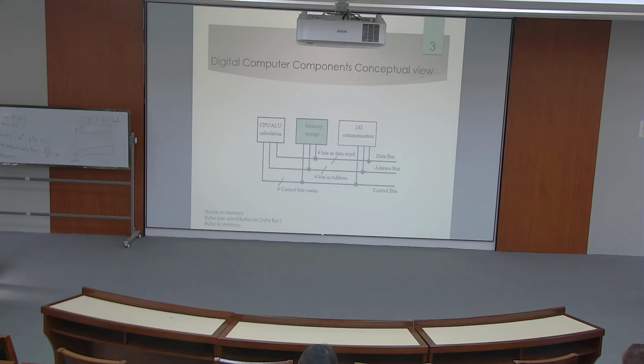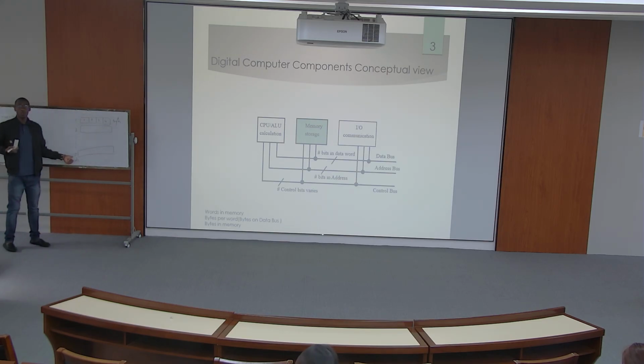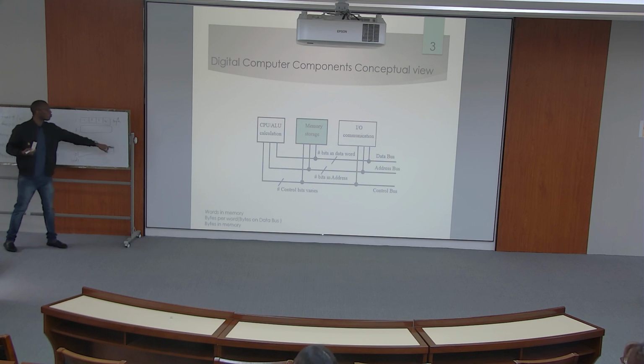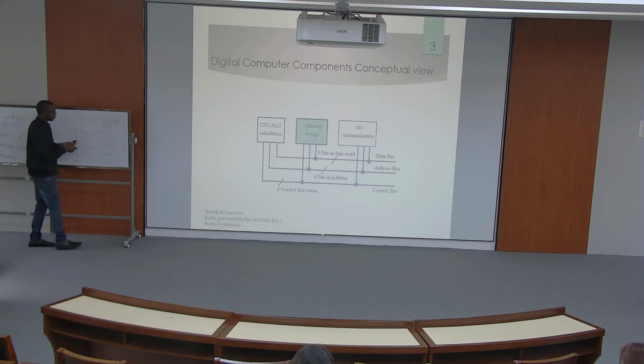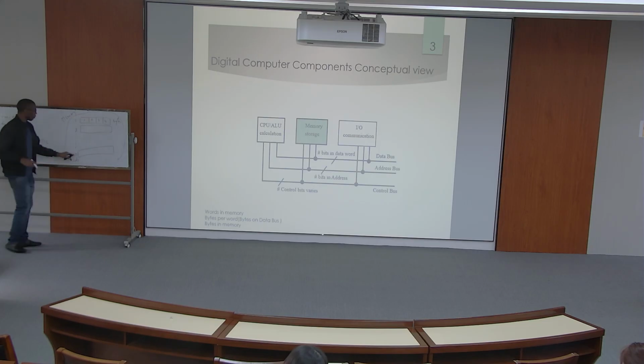We have 4 bytes per word, and we have 512 words in the memory. We wanted to find the total number of bytes in this memory. So this is the whole memory system. Our memory is 512 words, and each word is 4 bytes.